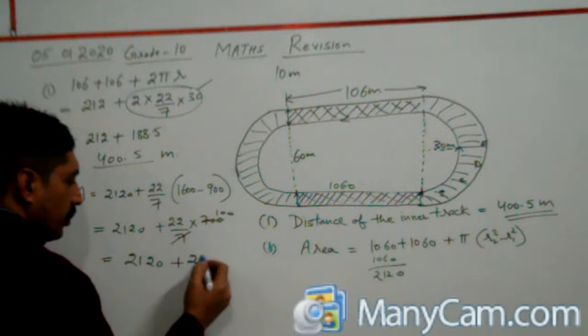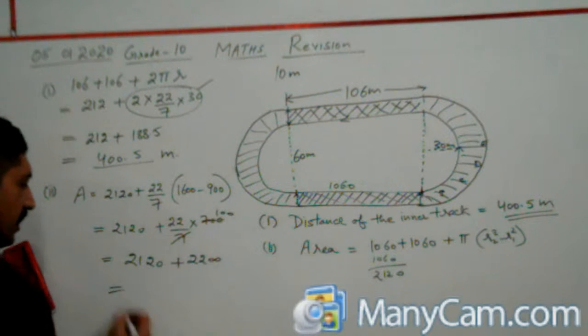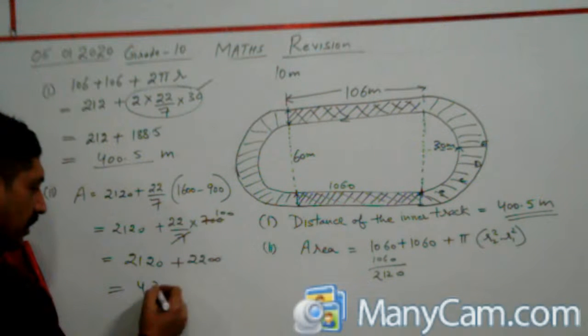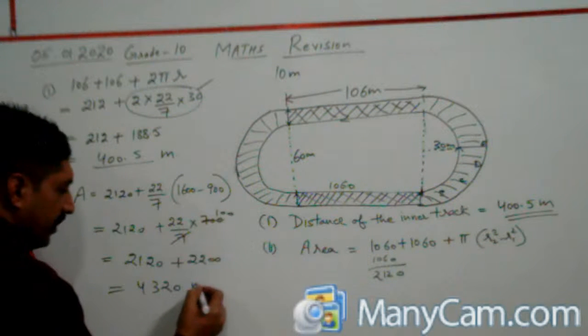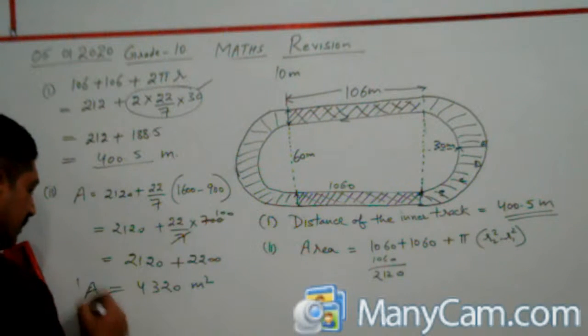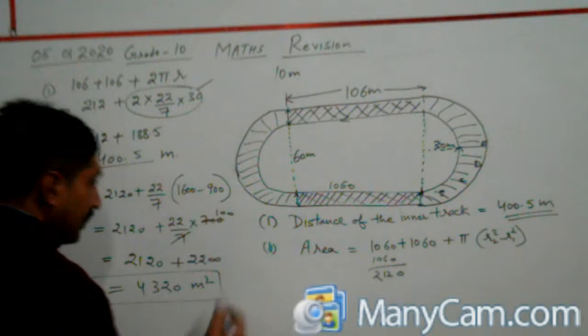Plus the ring 2200, so the answer here is 4320 meter square. Area of the circular track.